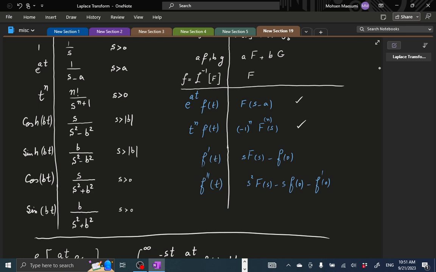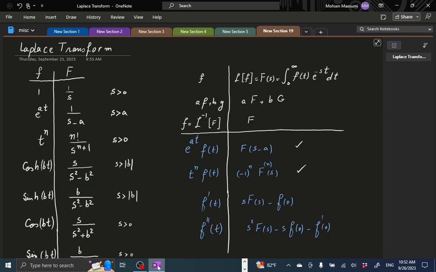Let's go ahead and attack the very first case here. Okay, let's go after the Laplace transform of the derivative. So we are going to take a look at what happens if you have a derivative of a function and you want to find its Laplace transform.